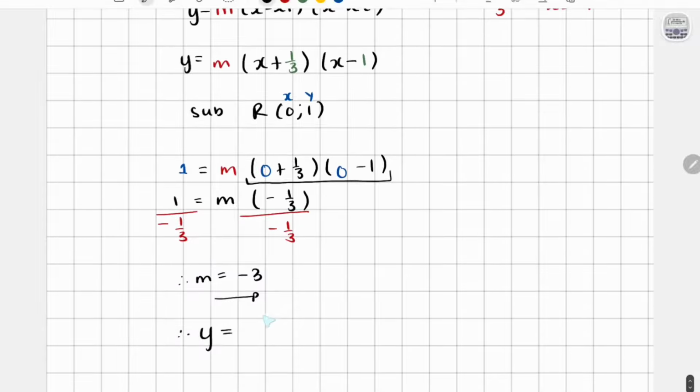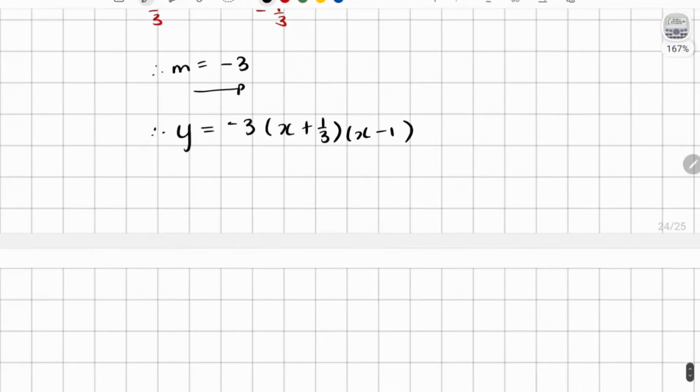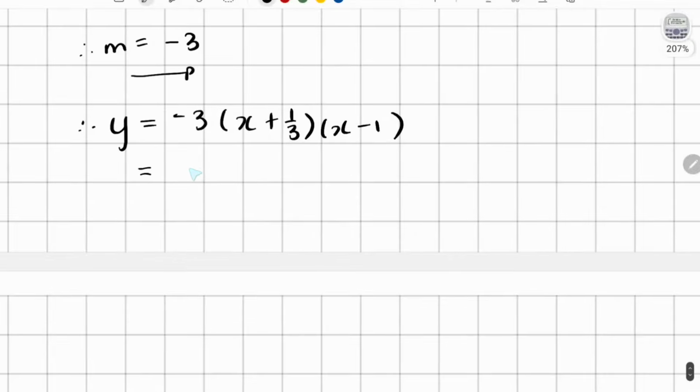So y equals, and we have negative 3 multiplied by x plus 1 over 3 multiplied by x minus 1. Now if we go ahead and simplify this, equal to negative 3, let's just FOIL this out. That's going to be x squared, negative x, positive 1 over 3x, and negative 1 over 3.